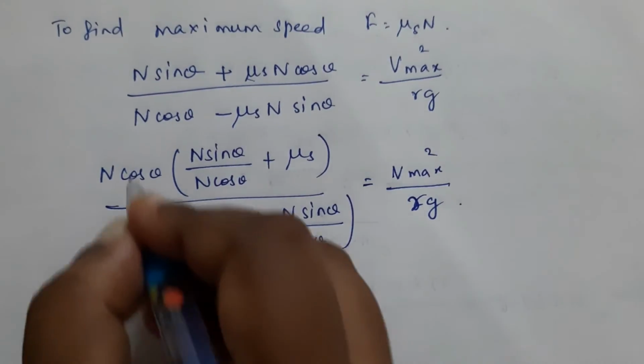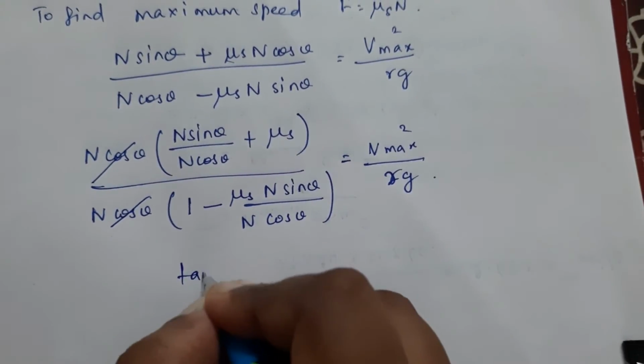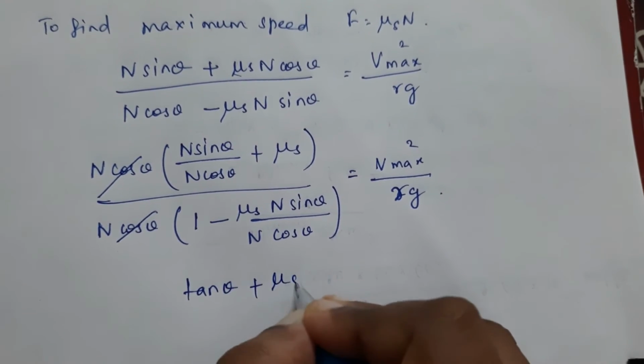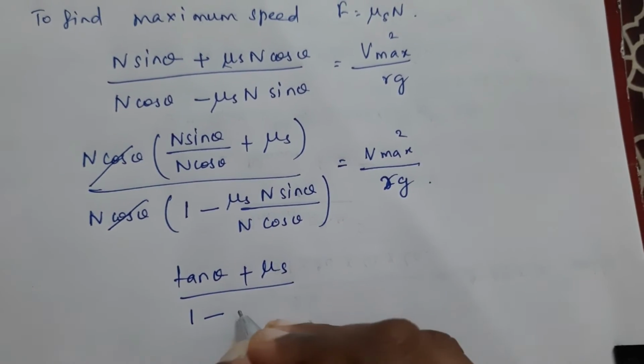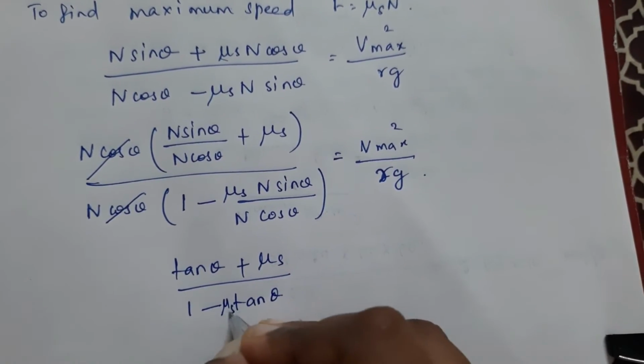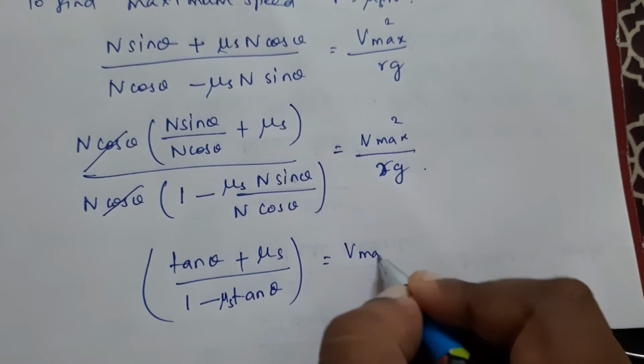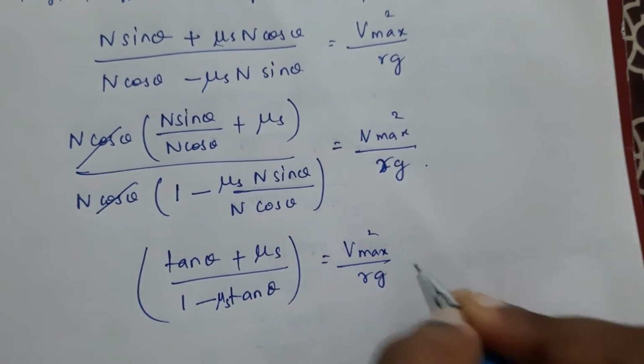The n cos theta gets cancelled. So tan theta plus mu s divided by 1 minus mu s tan theta is equal to V maximum square by Rg.